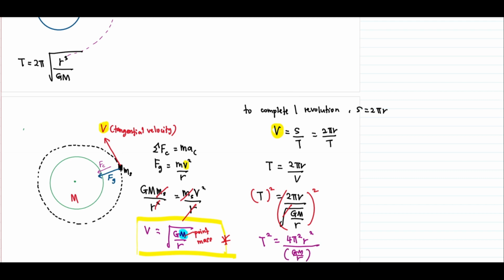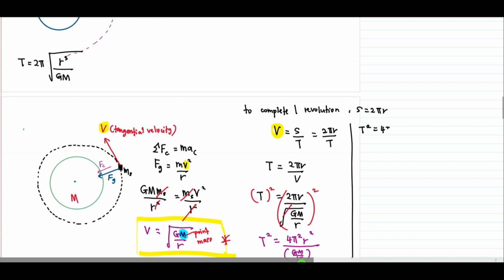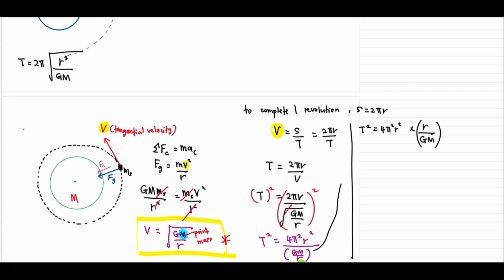Okay, tak muat kat bawah tu. Saya sambung sebelah ni. So T squared is equal to 4 pi squared r squared times r over GM. Kita rearrange the equation. So T squared is equal to 4 pi squared r cubed over GM.